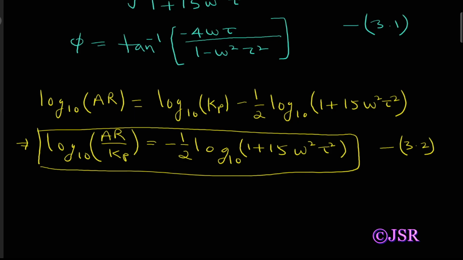So now let's plot the Bode plot for zeta equal to 2.